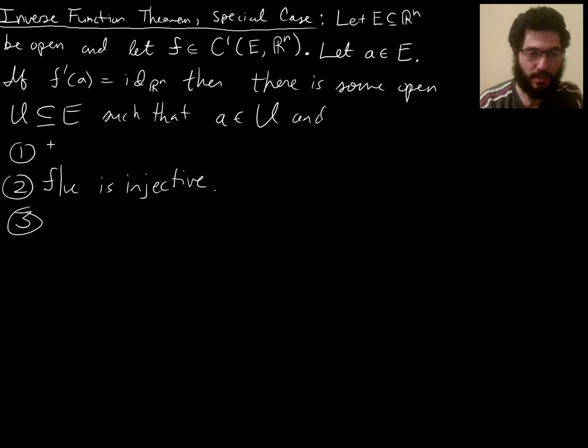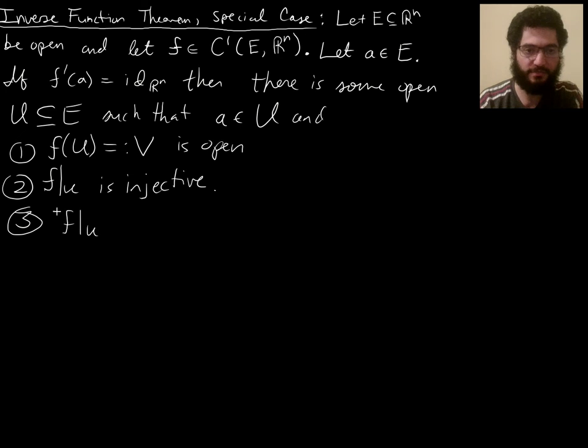Okay, and number 1, the image of U, which we might call V, is open. And number 3, if you take the inverse, so this will be a bijection from U to V, and if you take the inverse of this, then this is a C1 map.